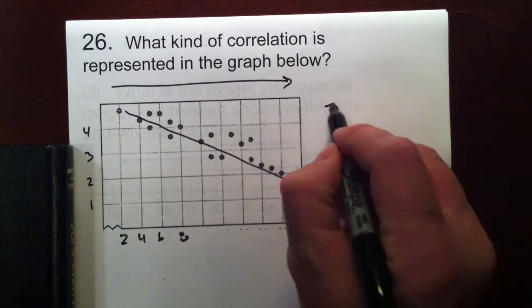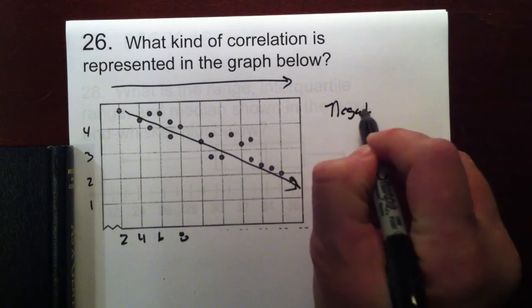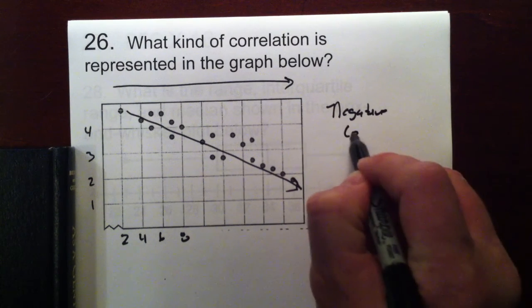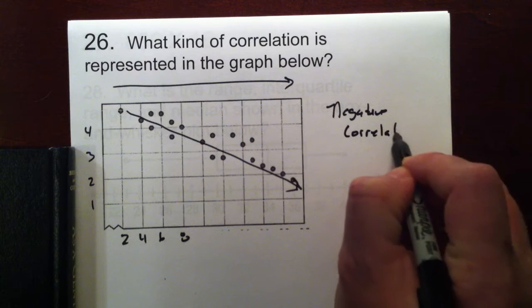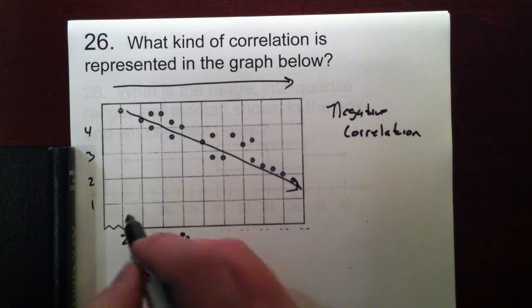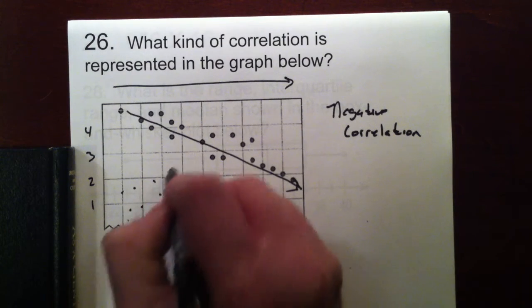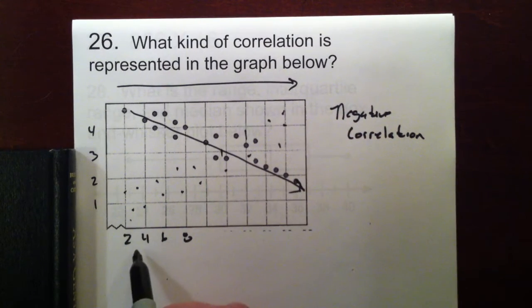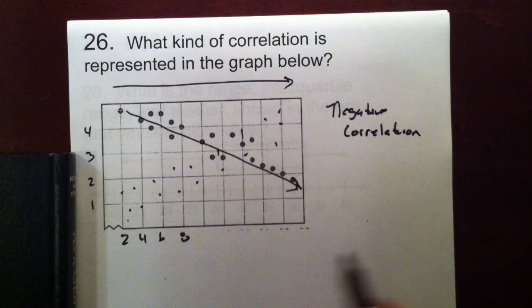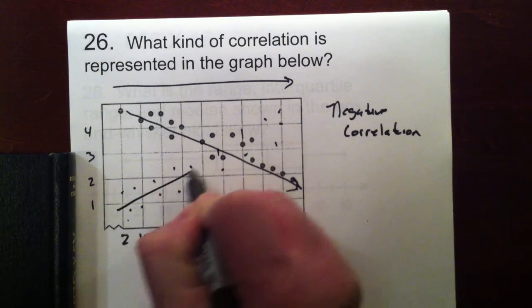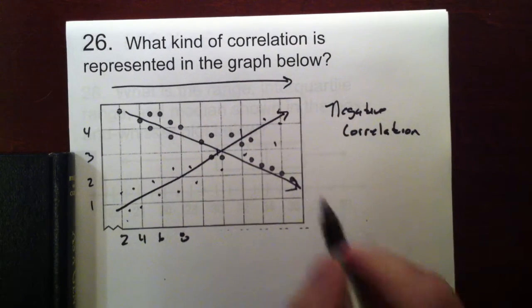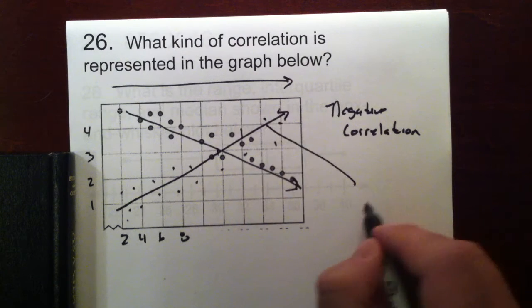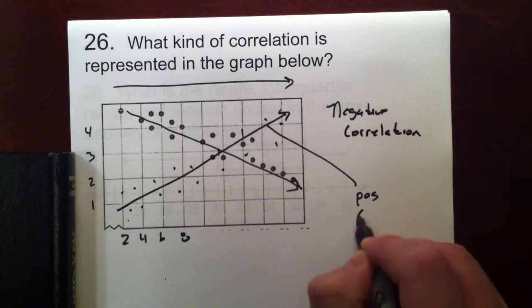Therefore, we have a negative correlation. Now, if we had seen a pattern like this right here, and as we went this way on the x-axis, and the numbers were going up like so, that would be a positive correlation.